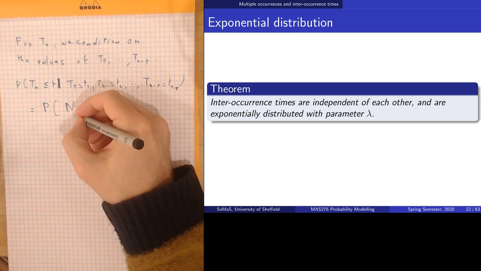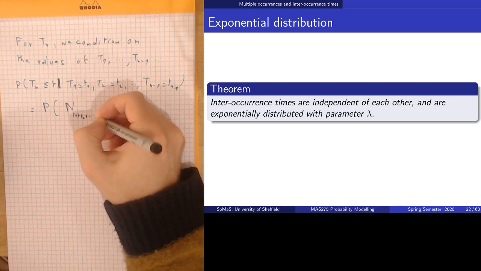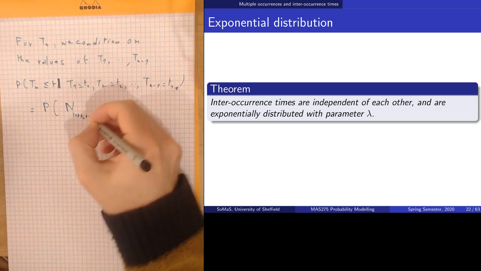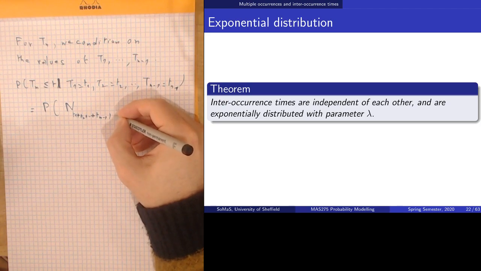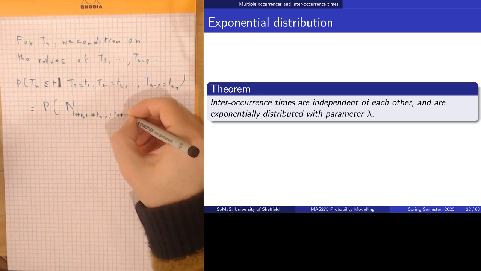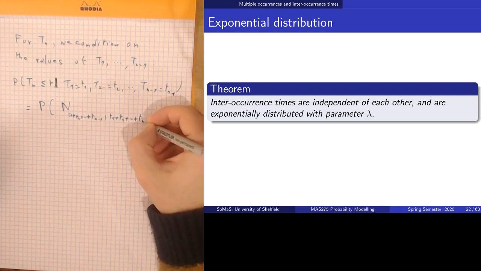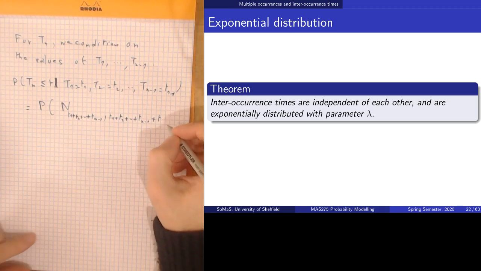So it's going to be a bit messy in the indices, but N of t1 plus t2 plus dot dot dot plus tn minus 1, comma, t1 plus t2 plus dot dot dot plus tn minus 1 plus t, bigger than 1.